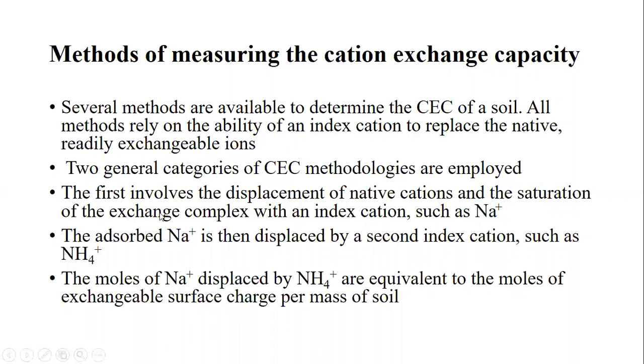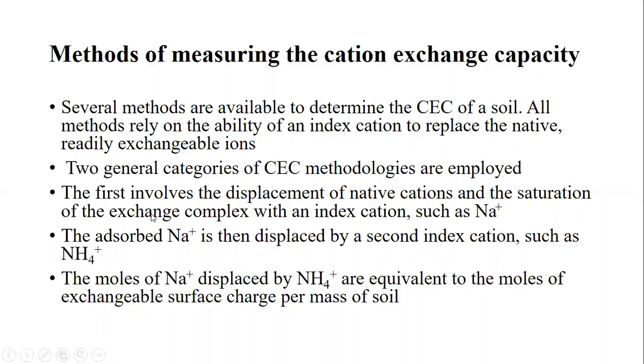The first involves the displacement of native cations and the saturation of the exchange complex with an index cation such as sodium. We'll go through this in detail. So first, to displace all the native cations and saturate the exchange complex. Exchange complex here means all the colloids that can have exchangeable cations.